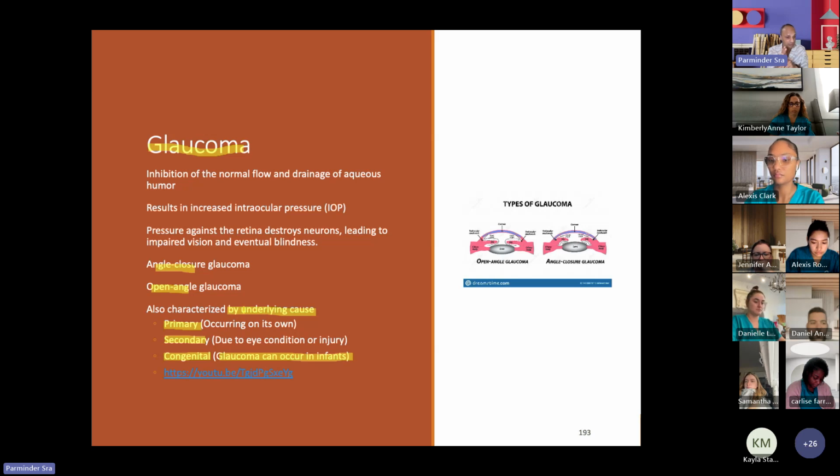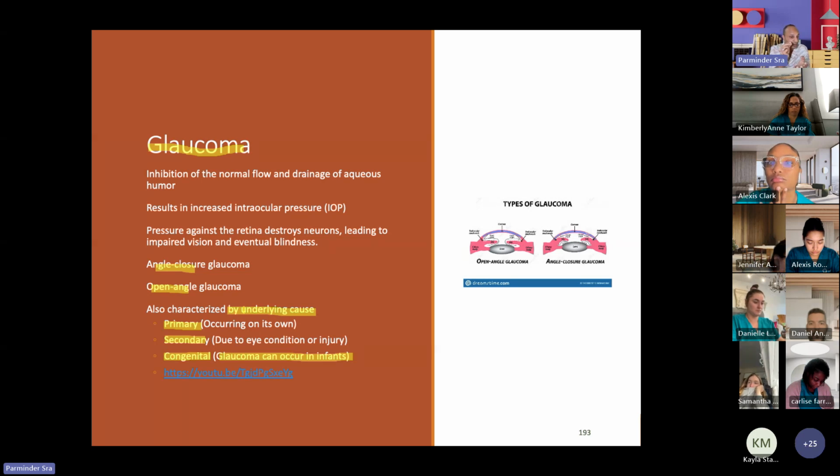Open angle is also called primary, okay? And closed angle, sometimes you may see it written as angle closure, but it's the same thing. Open angle, closed angle. All right, now what is the difference between them? And which is more severe? Which should we prioritize?